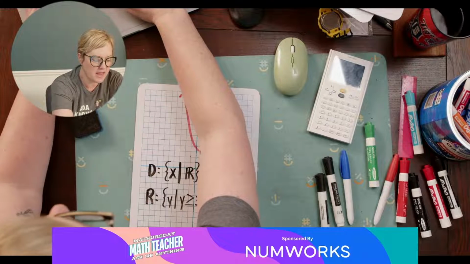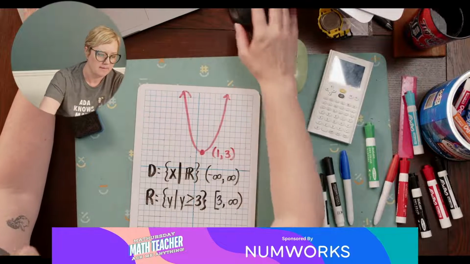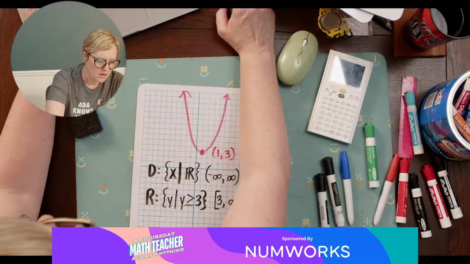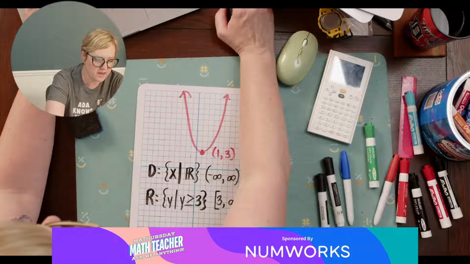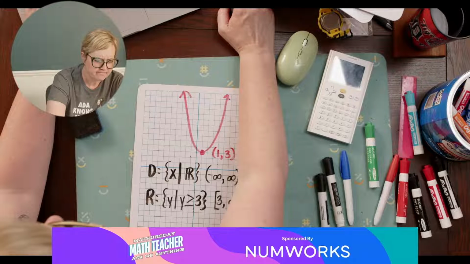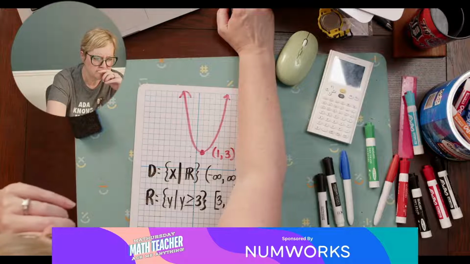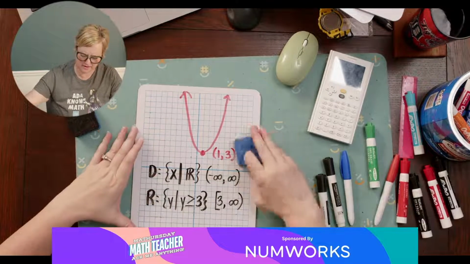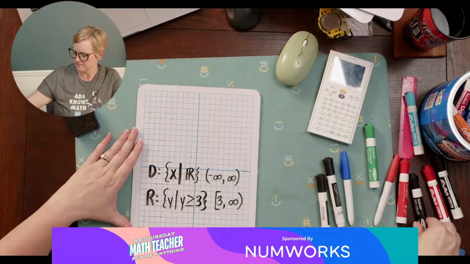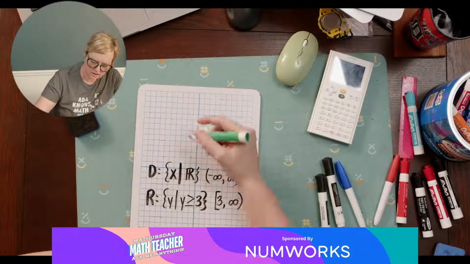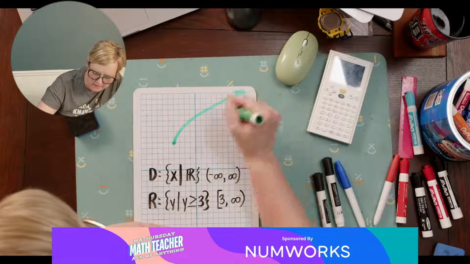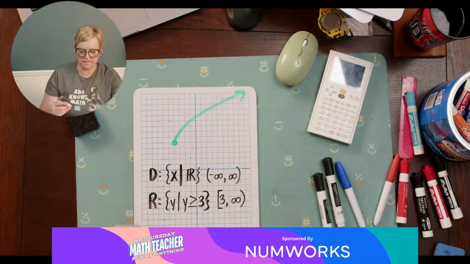So with the inverse square root, if you have a square root function that kind of looks like this, it goes from there up there.